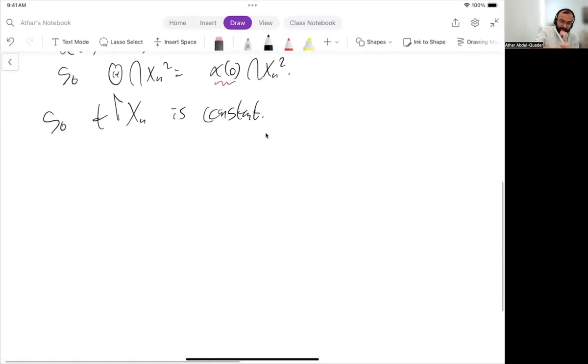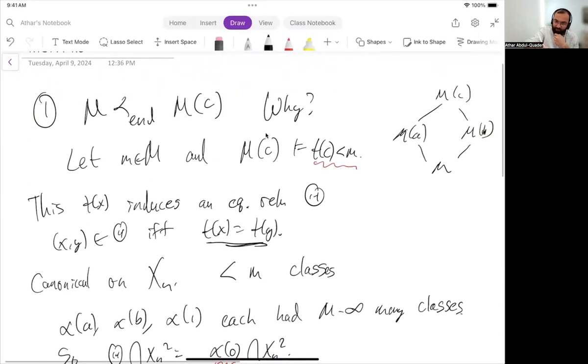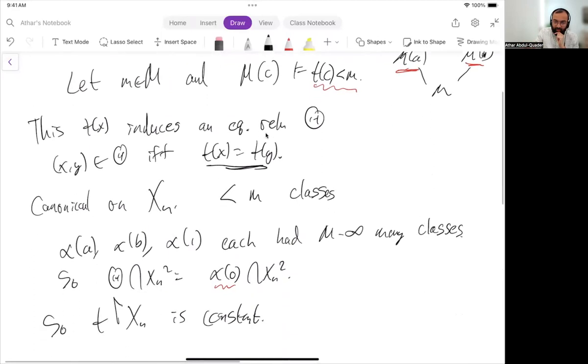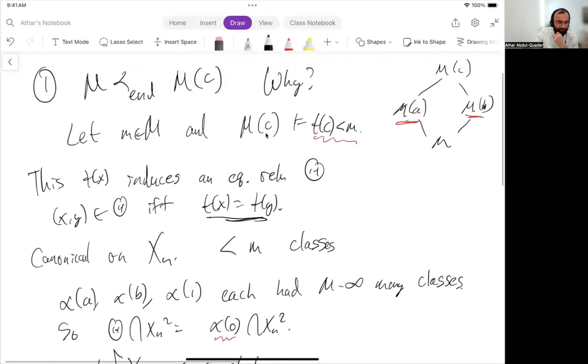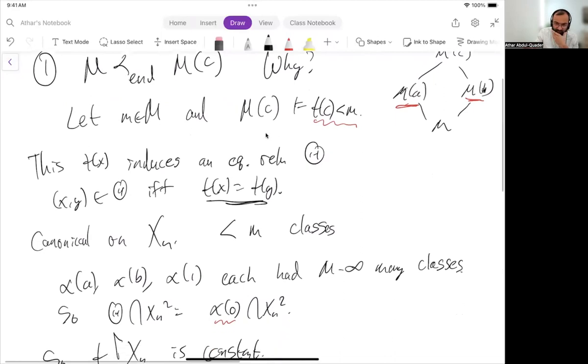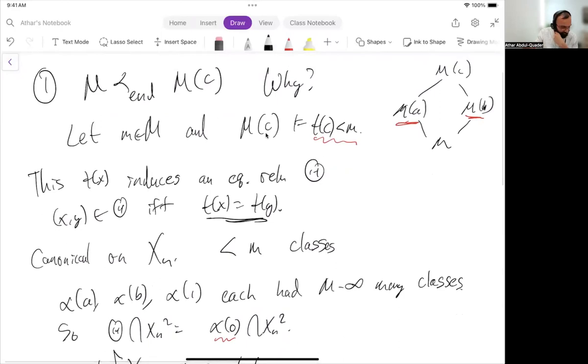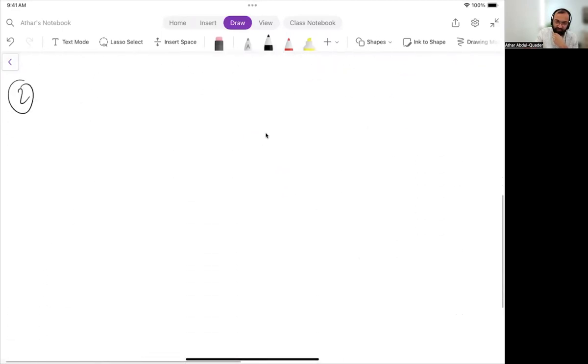Okay. Next part is, again, I'm going to claim that exactly one of m of A and m of B has to be cofinal in m of C. This follows from some of the properties about rankings and some of these Blass and Gaifman properties that were mentioned.